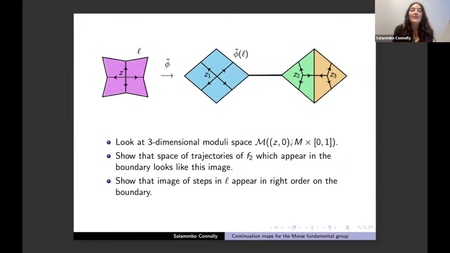You have to show that the trajectories of f2 which appear in that part of the boundary essentially form a space that looks like this image. Then you have to be sure that the image of each step appears in the right order along this boundary. So you have to analyze the moduli space quite carefully, but then it turns out that it works, and so you get a well-defined morphism on fundamental groups.